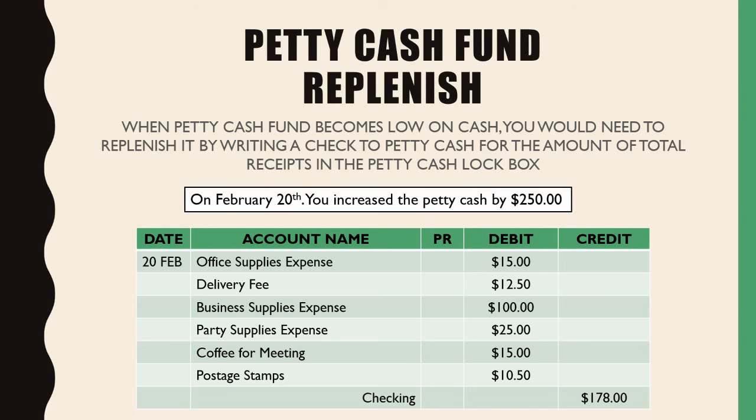To replenish it, you're going to either write a check to the petty cash fund, or take money from your checking and redeposit it. You're going to take those receipts and trade them in for cash. So basically, you're going to cash your receipts out, and replenish it by adding the same exact amount of receipts with cash.